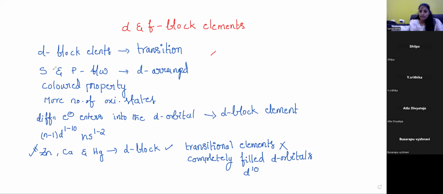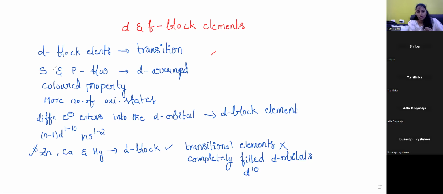Another reason is that all d block elements absorb some wavelength in a particular region, so they can show different colors. That means they have colored property. That is another reason to call them transitional elements. Another reason is that they can show more oxidation states. These three are the reasons to call them transitional elements.